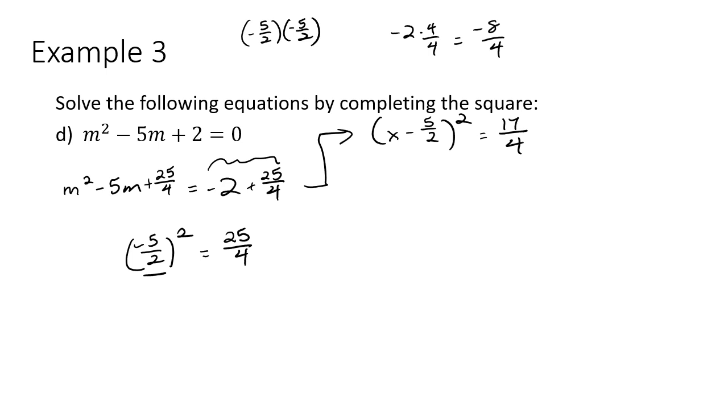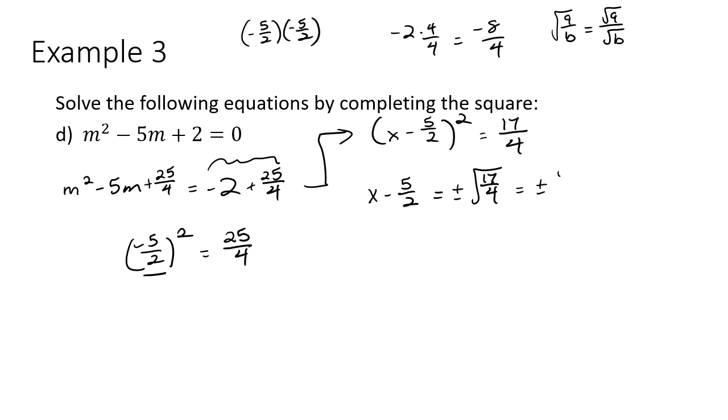Now I'm going to apply the square root property. Take the square root of both sides. So on the left-hand side, it just cancels out the square, and we get plus or minus the square root of 17 over 4. By property of square roots, once again, square root of a over b is the square root of a over the square root of b.